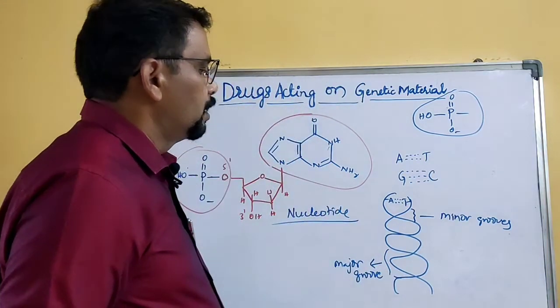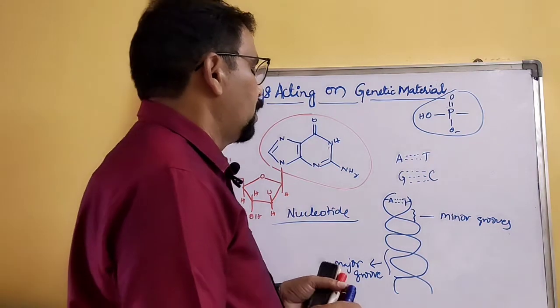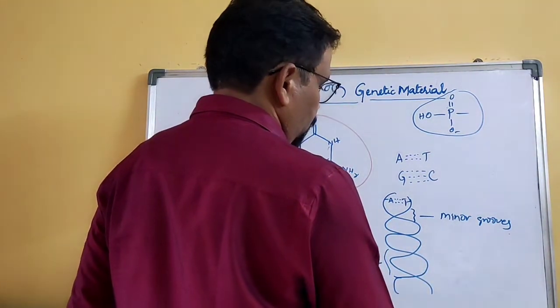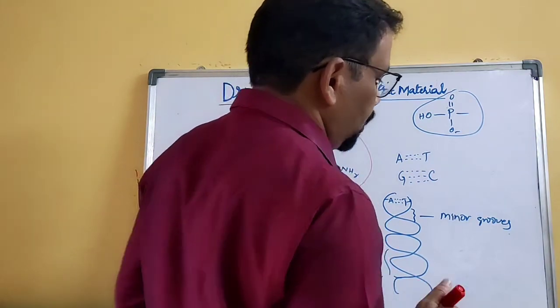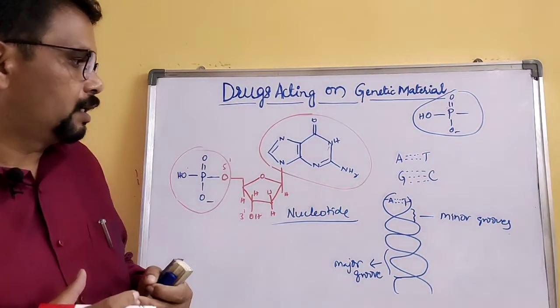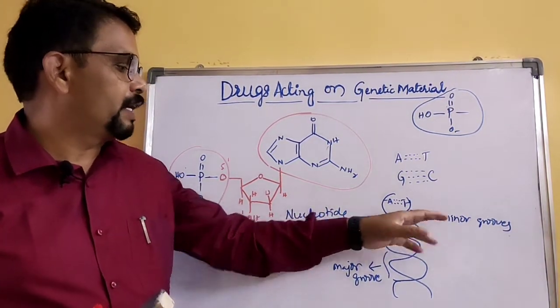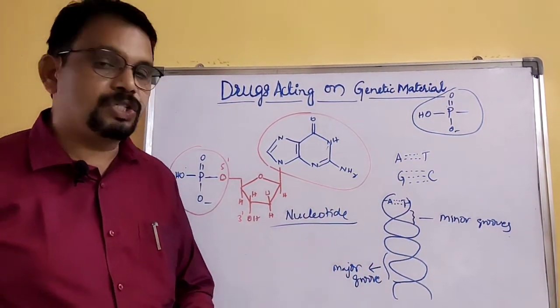The DNA helical structure has minor grooves as well as major grooves, depending on the size of the groove. If it is smaller, then it is a minor groove; if it is larger, then it is a major groove.